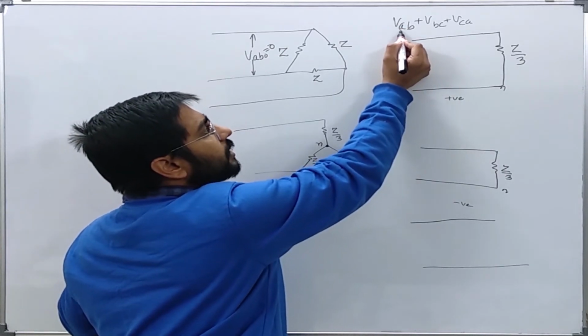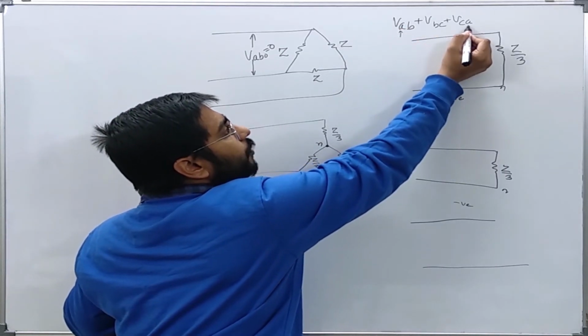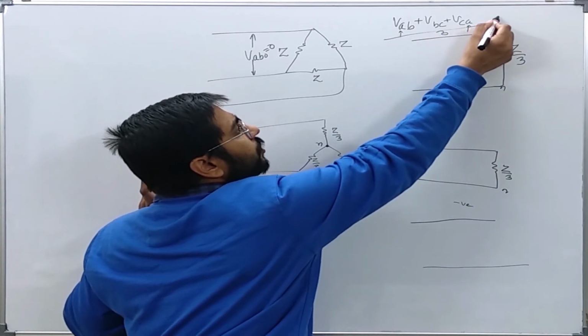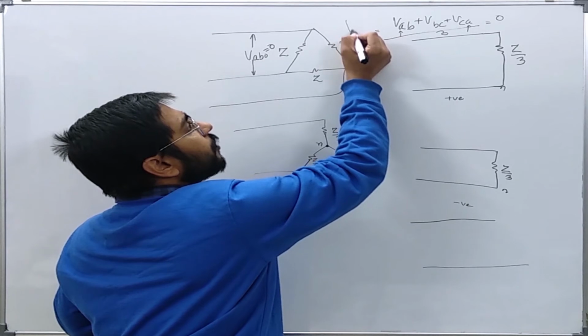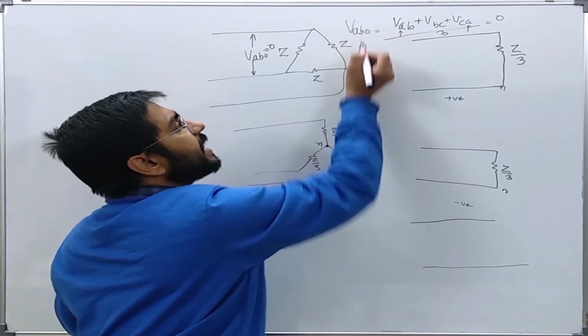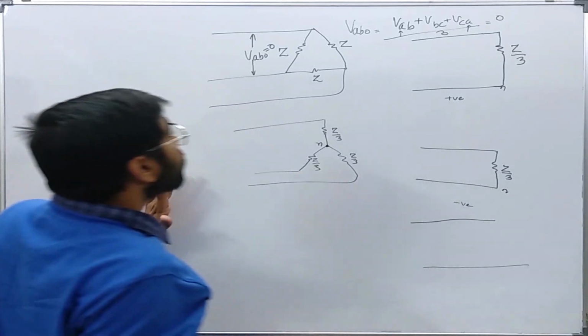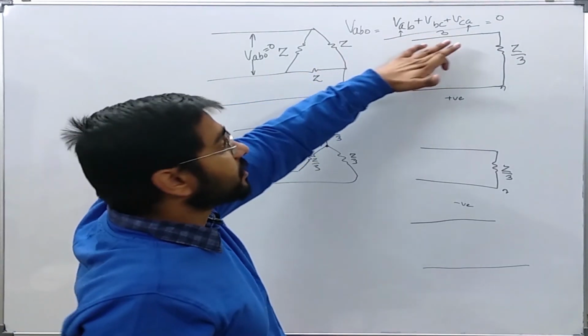We are starting from the point A, we are ending at point A. So the total potential difference is zero. So the voltage between the lines cannot have zero sequence voltage drop, even if these are unbalanced.